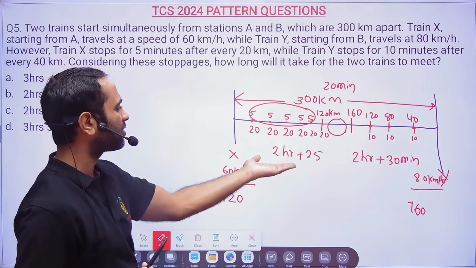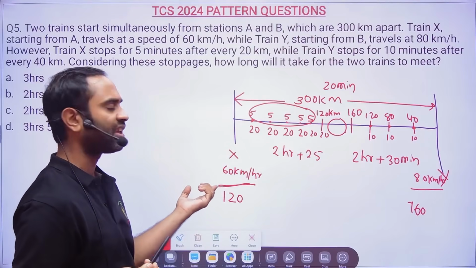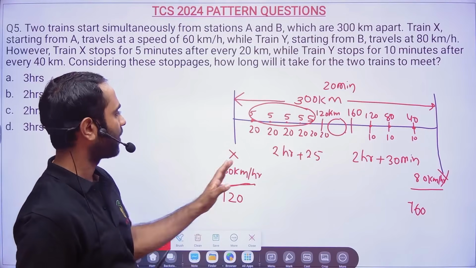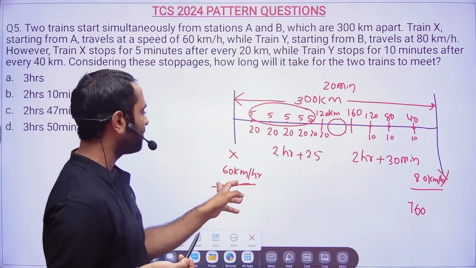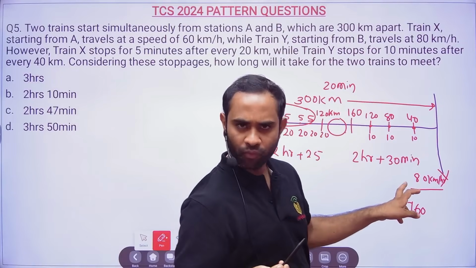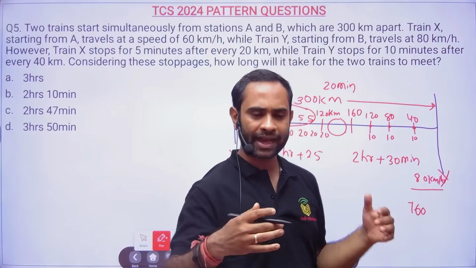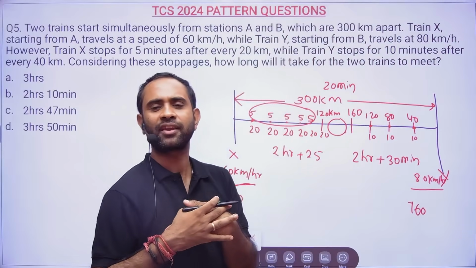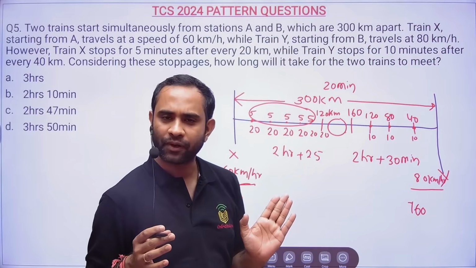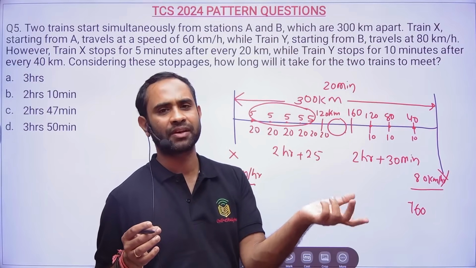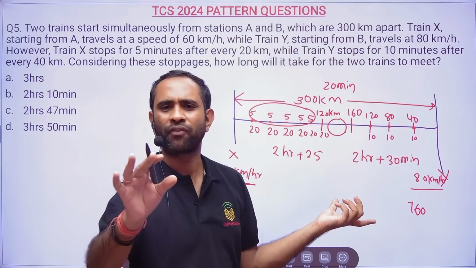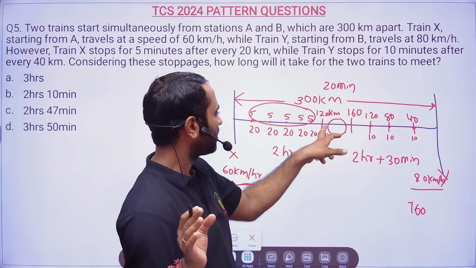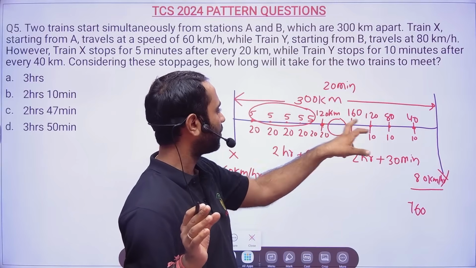Hardly 5-10 minutes, because both have to cover 20 kilometers together, and their speed becomes 60 plus 80, 140 in 1 hour, right? Going in opposite directions, if you cover 140 in 1 hour, then in half an hour 70, in 15 minutes 35. So they will take another 5-10 minutes maximum, because at this stoppage they are going to stop.